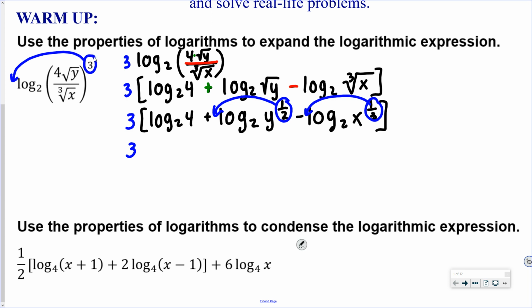Okay, if you got this far, log base 2 of 4 is what? 2. 2 to what power gives me 4? We can simplify that. That's just 2. Okay, sometimes those are tricky to catch when you get stuck in doing all these ones with the variables.